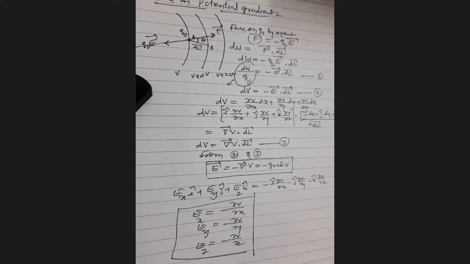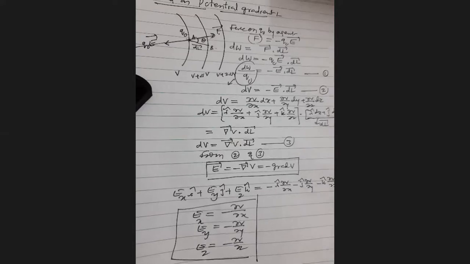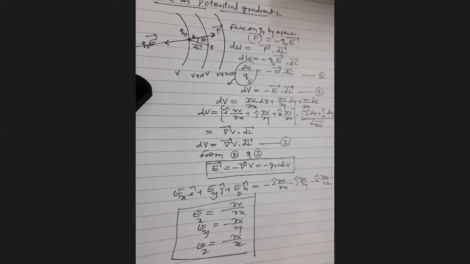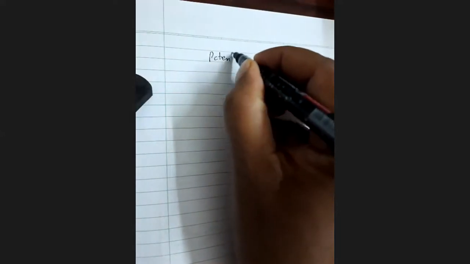So the relation between field strength and potential is E bar equals minus gradient of electric potential.